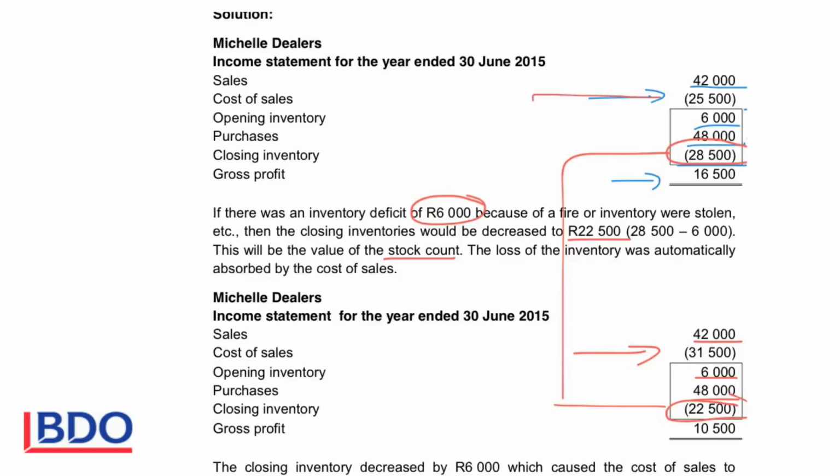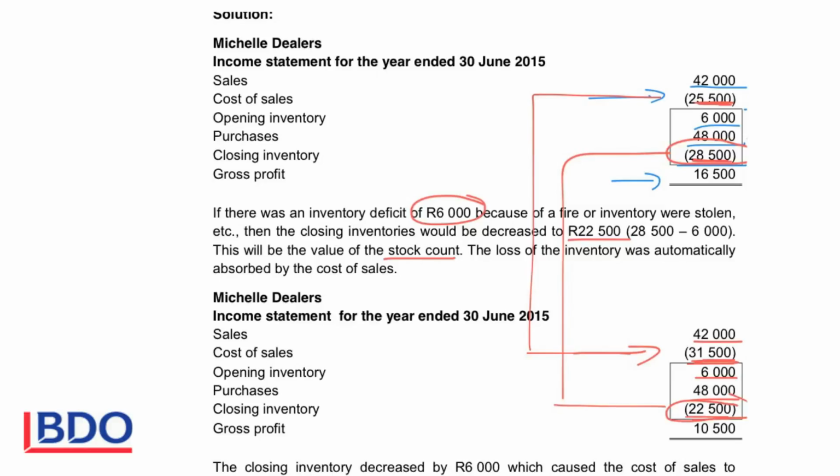So that means if I look at these figures, I can see that I have an automatic increase in my cost of sales from the 25,500 to the 31,500 because my closing inventory decreased from 28,500 to 22,500.